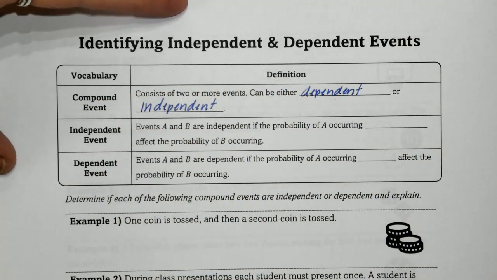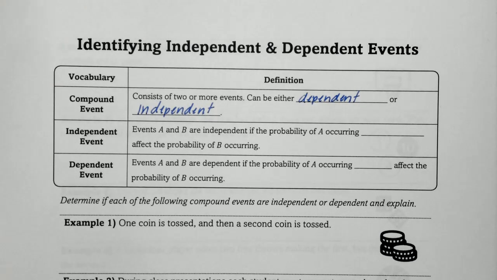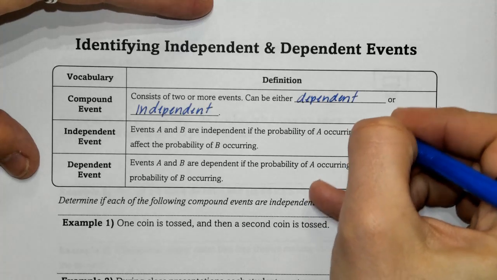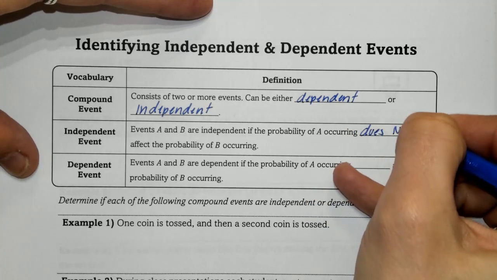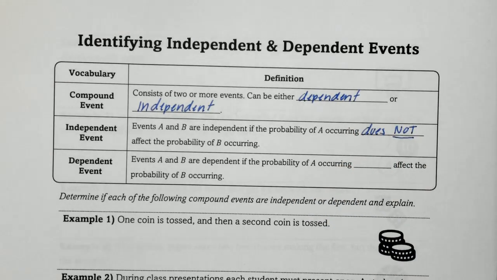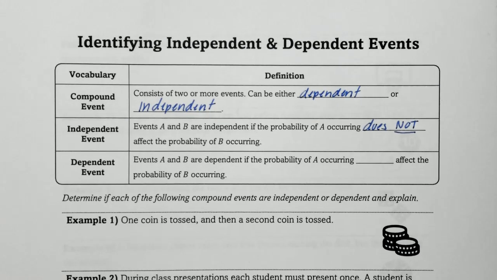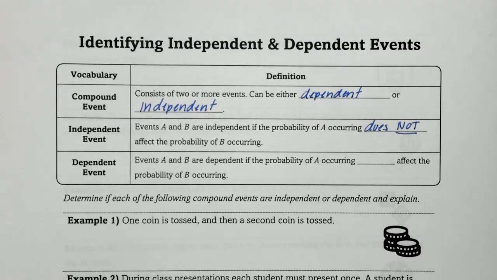Your independent events, A and B, are independent if the probability of event A occurring does not affect the probability of B. So these two are completely independent of each other, and one does not affect the other in any way, shape, or form.